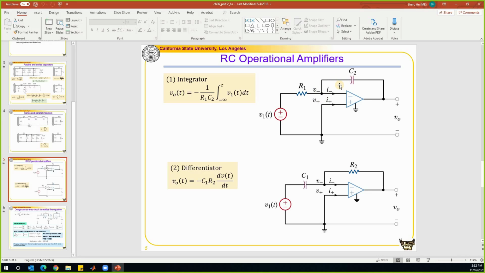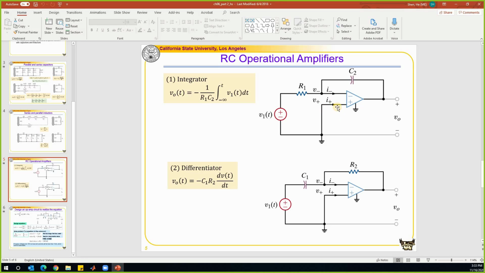And we know the current going through a capacitor is calculated by using the equation I is equal to C2 times dV/dt. And this V over here is the voltage difference, which is also the voltage applied on this capacitor C2, which is equal to VO minus V minus. So you put that in, and the summation of the current into this node from these two branches is equal to the current leaving this node, which is I minus, which is equal to 0.